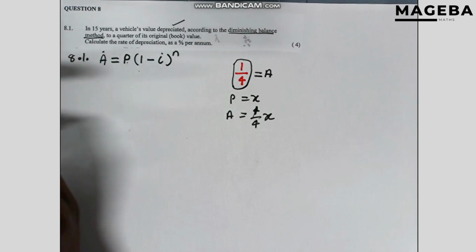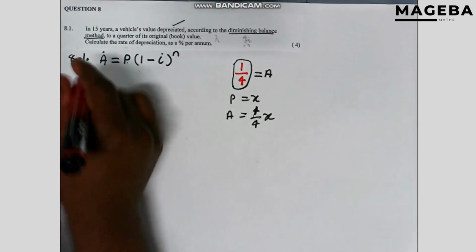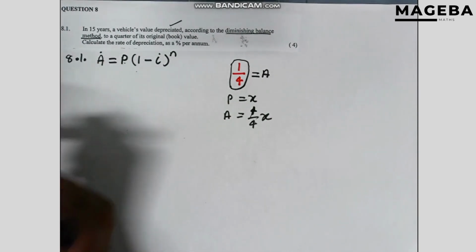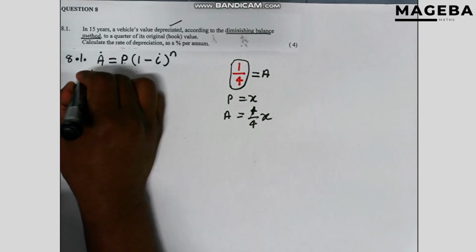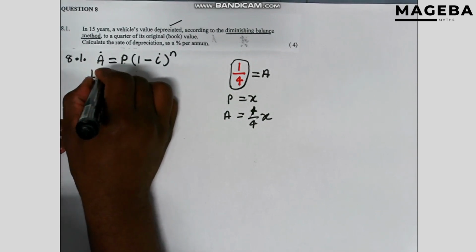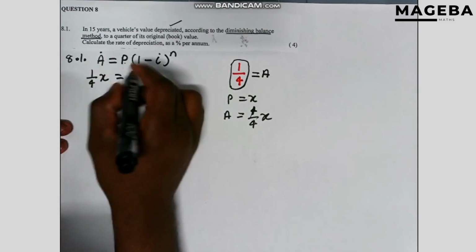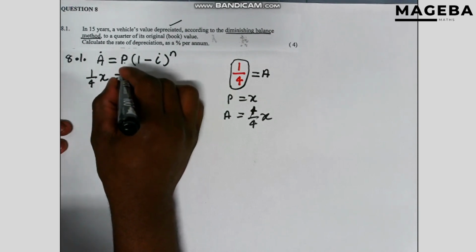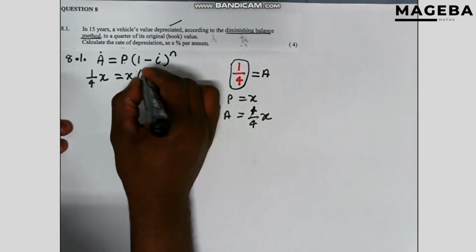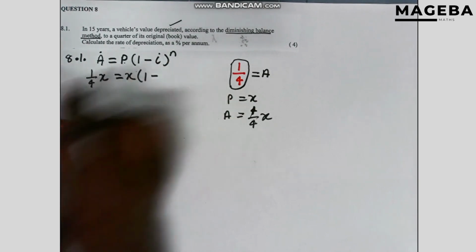So coming here, now A is just going to be 1 over 4, which is a quarter, of the original value, which is X. And then the original value, just call it X, and then 1 minus our i.